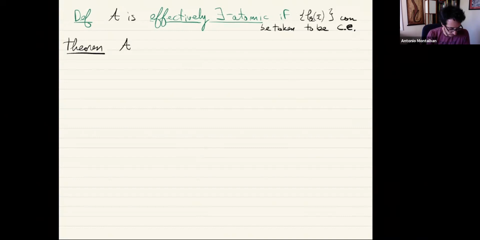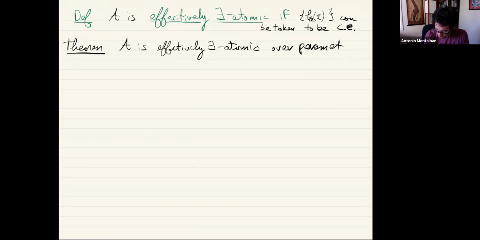I'm going to say A is effectively existentially atomic over parameters if and only if A is what is called computably categorical.